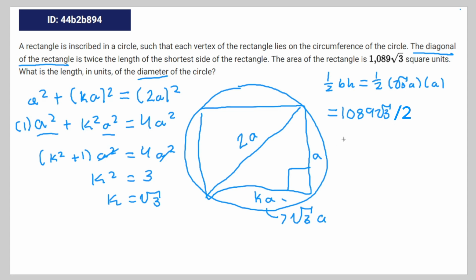So then it's going to be the square root of 3 a squared divided by 2 is equal to 1089 times the square root of 3 divided by 2.